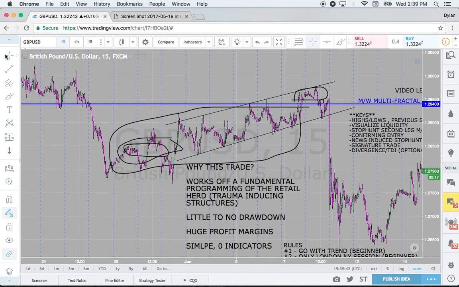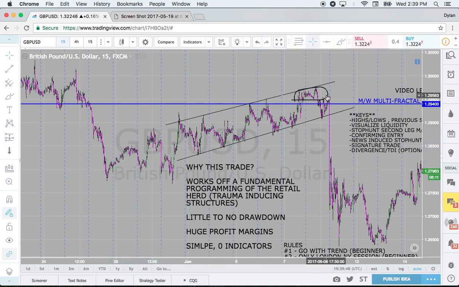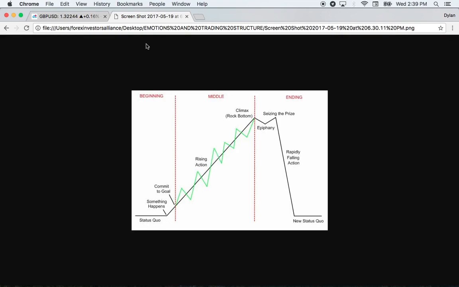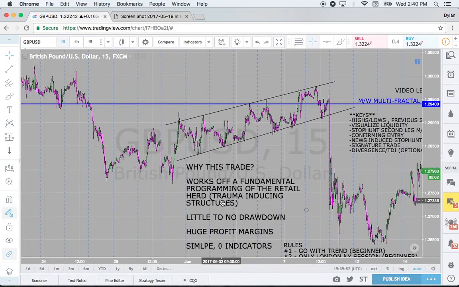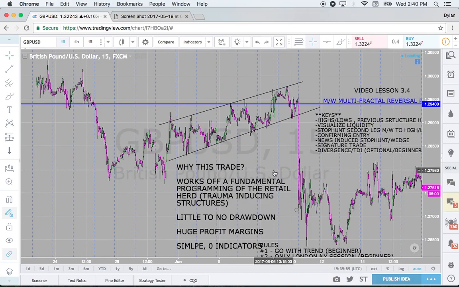So why this trade? We've gone over how it works off of a fundamental programming of the retail trader and induces trauma.